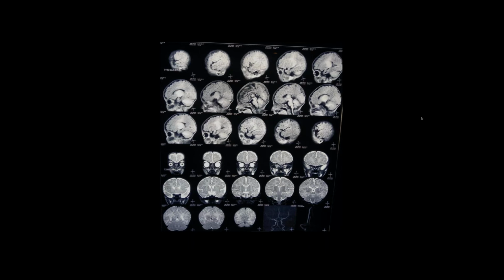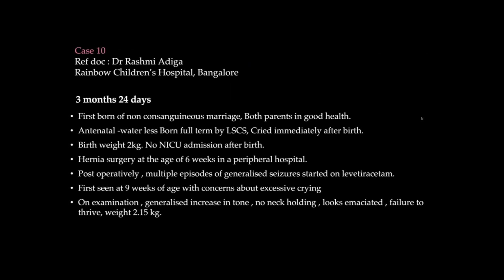Can I come back to the history? Yes. A birth weight of 2 kilos at term is not appropriate. Do you have any idea about the head circumference and the length? When I saw them at 9 weeks, the head circumference and the length were in proportion with the 2.15. I didn't think they were too small because I plotted it on the growth chart.